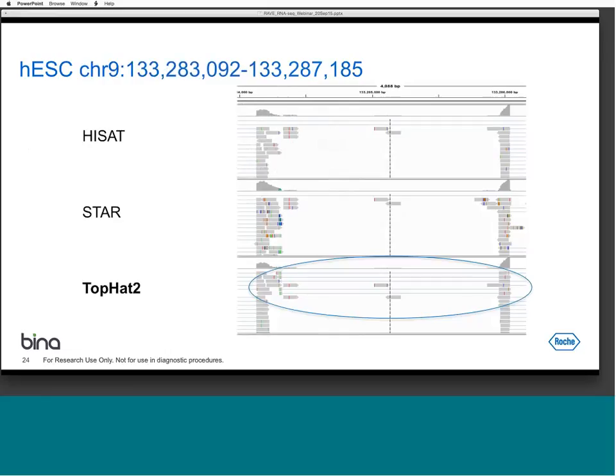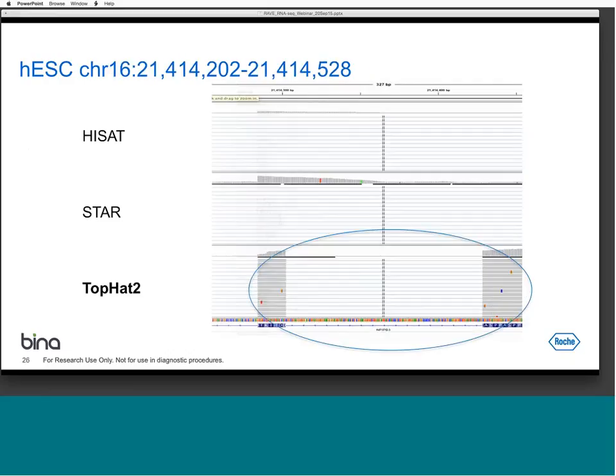We see that in real data, there is also this case, as we saw in the simulated data. For instance, here, only PALMapper was able to detect the junction. Again, here, PALMapper was the only tool able to detect this junction. So it's quite obviously a true junction.